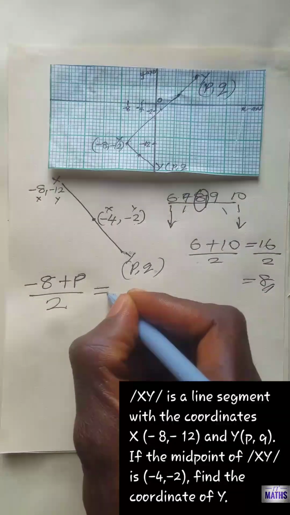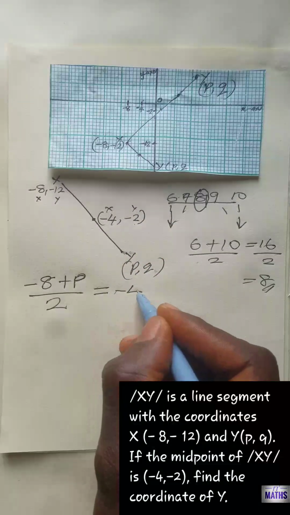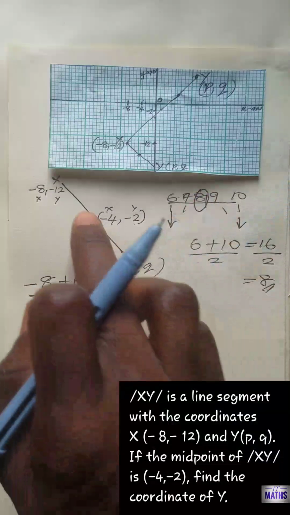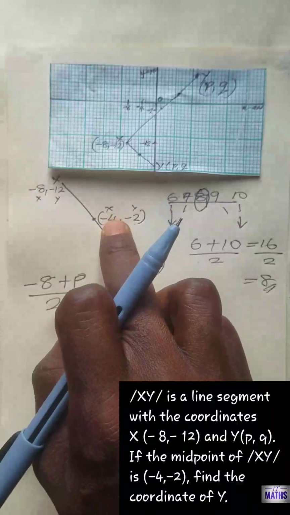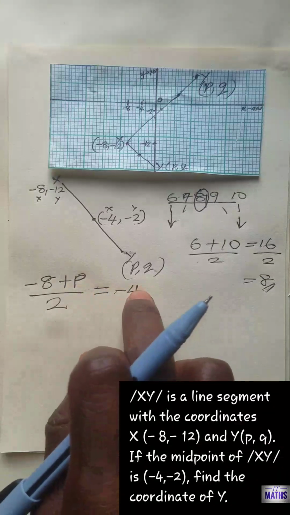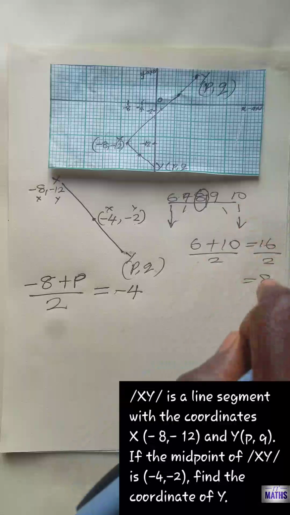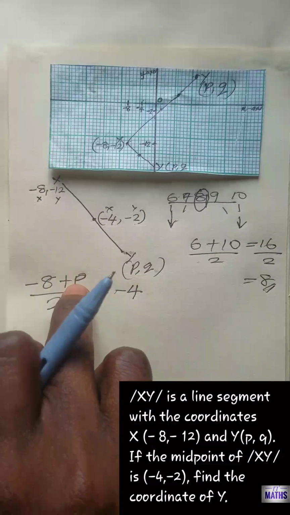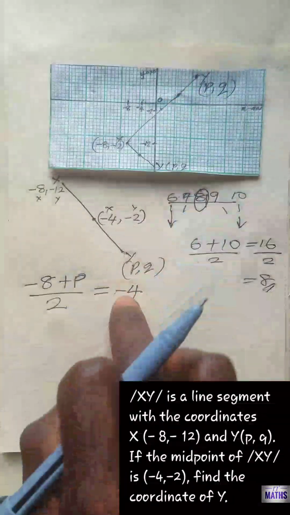But that midpoint is given as the x, -4. Like I got this middle point to be 8, if I do these two guys, the middle point should give me a value that I'm already given. It's just that they make P disappear. P is not given. I'm not asked to find -4 like I was asked to find the midpoint in the question I gave myself. Rather, the answer is given and I'm asked to find P. This plus this divided by 2 gives the middle point, -4 given.